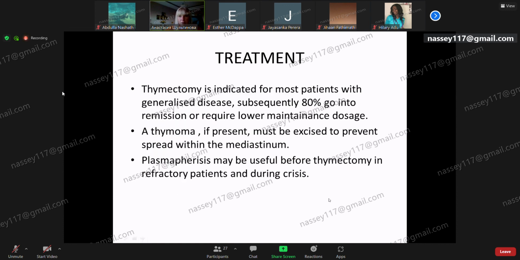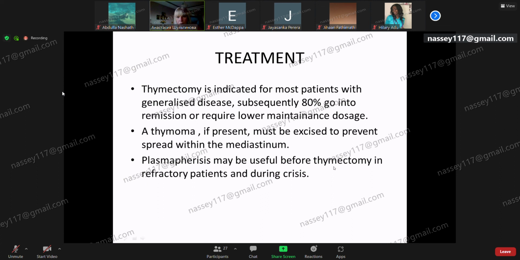Thymectomy. Thymectomy is indicated in a large percentage of patients, and in 18% of patients they go into remission for a long period of time. If a thymoma is present, it must be excised to prevent spread within the mediastinum.